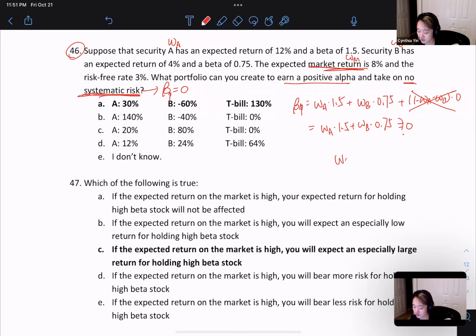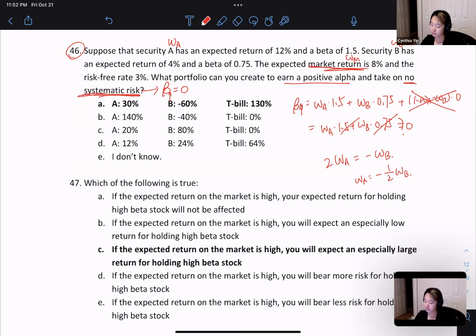You want 1.5 WA to equal minus 0.75 WB, just to cancel out the 0.75 term. So in other words, WA should be minus half of WB. This is one way to do that.